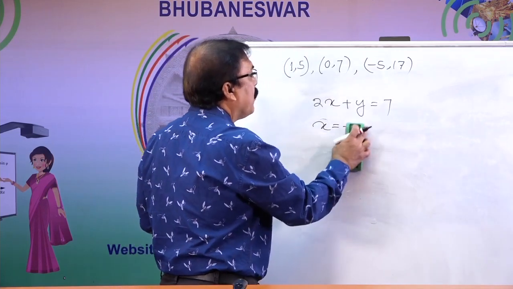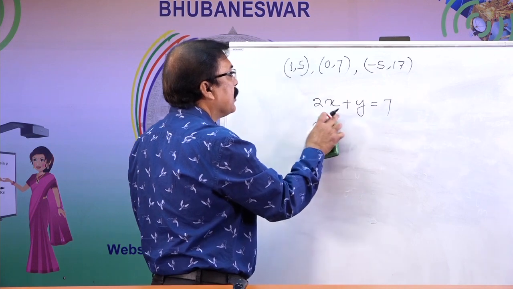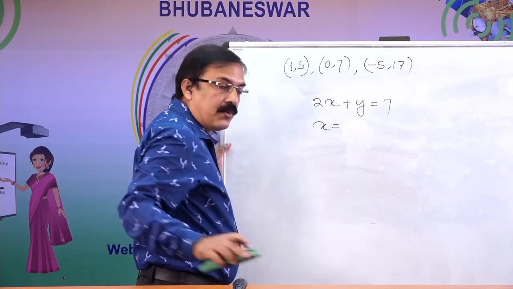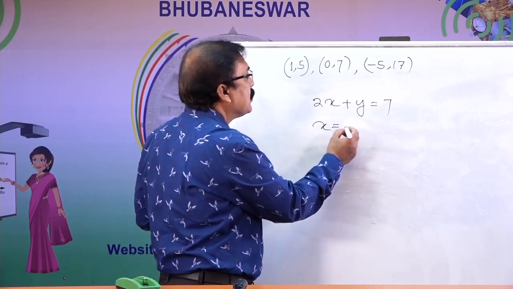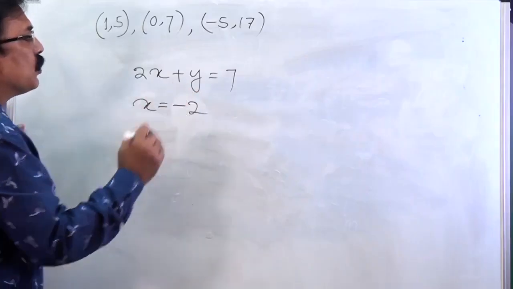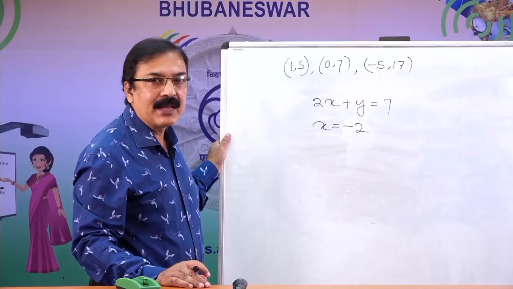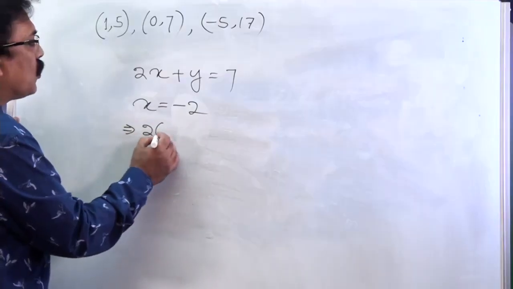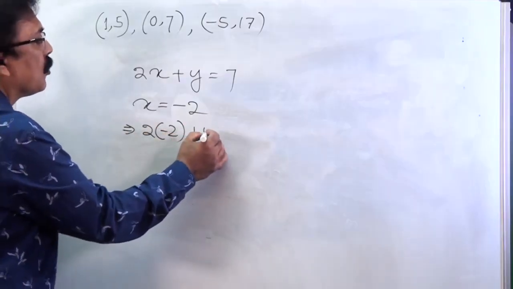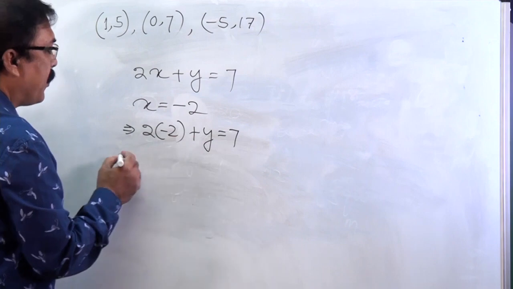Now we have to find the fourth one. You can put any value. Here, as we discussed, we can put the value of x as our choice. This can be, say, minus 2. If we put the value of x as minus 2, then what happens? Then 2 into minus 2 plus y gives 7.